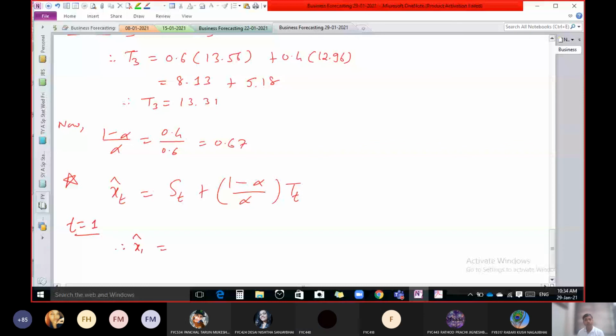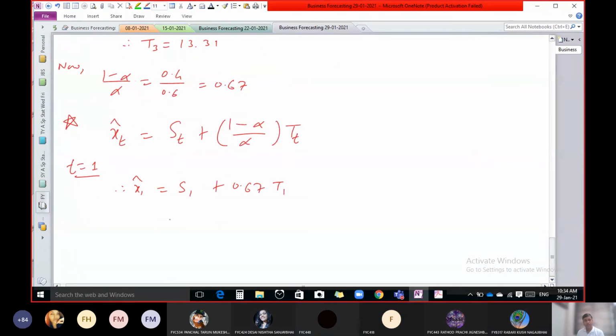So if we take t equal to 1, what do we get for X1 cap? S1 plus 0.67 T1. Correct. And what is S1 here? S1 is 218. And this one is our T1, 10.8.